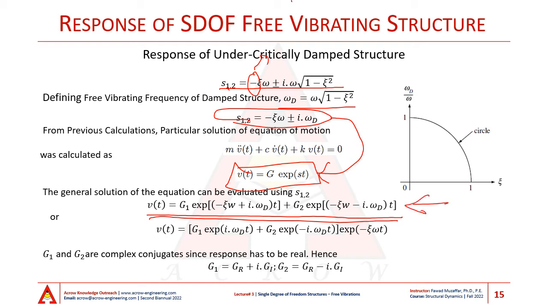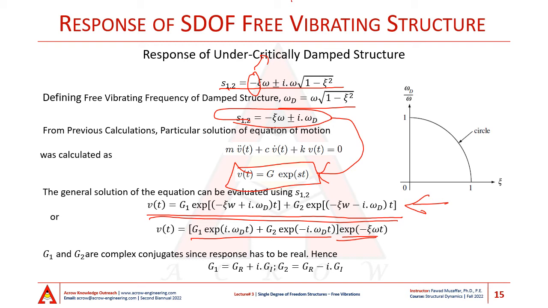Now, doing all the algebra, we can take the exponential of minus ψ times ω t out of this equation, and that leaves us with the terms that are shown here inside the square bracket.